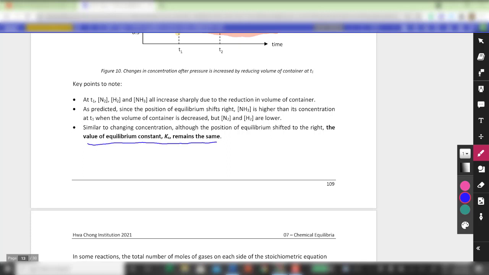But of course, some of you might be wondering, the reaction is producing more product, so what if in the course of the reaction, heat is taken in or given out? Then you'll be thinking, the reactants will actually be colder or hotter, so it will affect Kc.